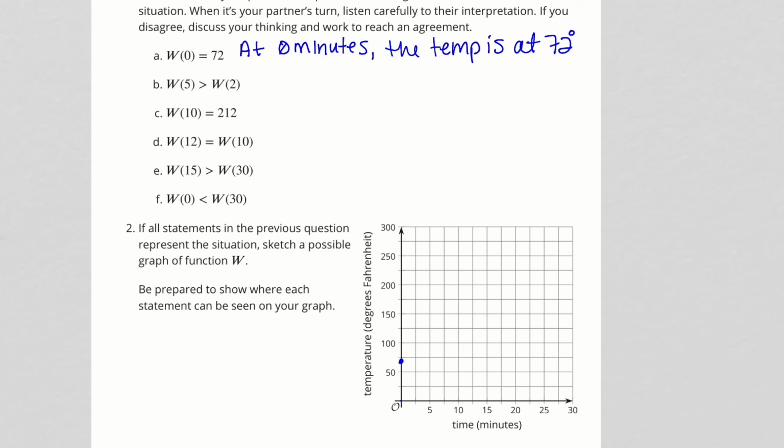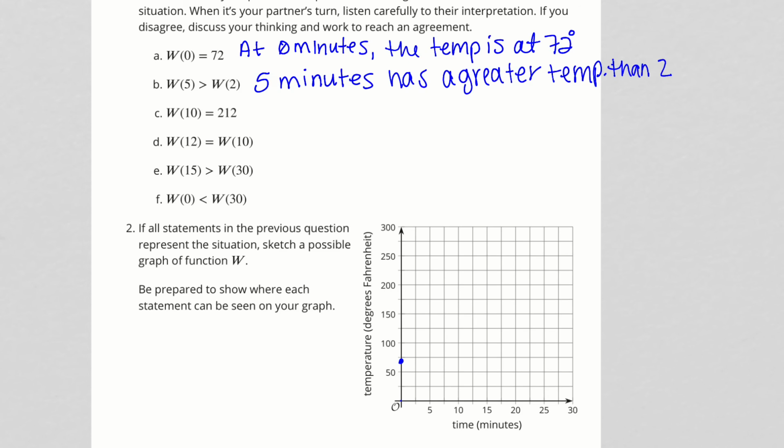So for B, we have W of 5 is greater than W of 2. So what that's going to mean is that 5 minutes has a greater temperature than 2 minutes.